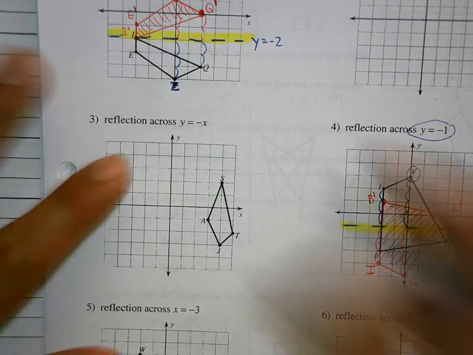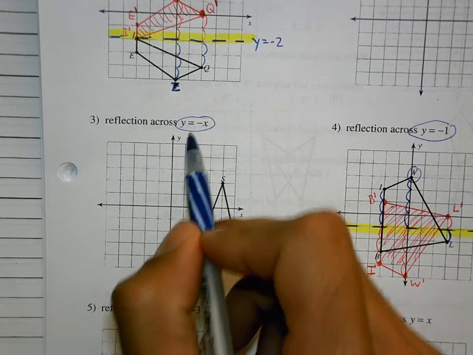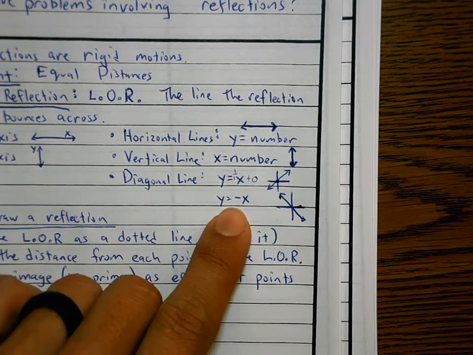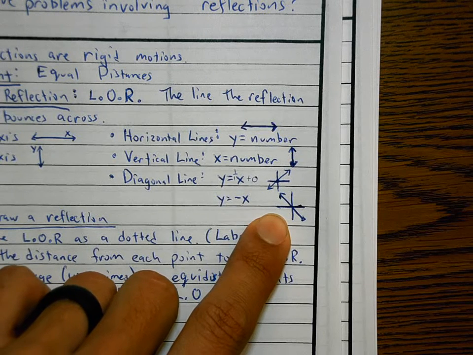Let's see that. Boom, boom, boom, boom, boom. I have y equals negative x, which in your notes, I told you what this line looks like. If you don't remember, let's look back at what y equals negative x looks like. It is a diagonal going downward, down 1 over 1, right?